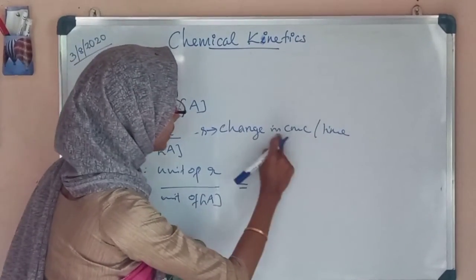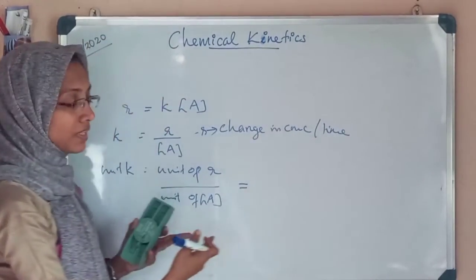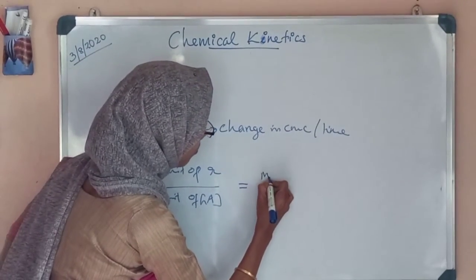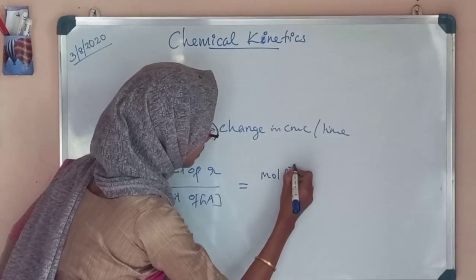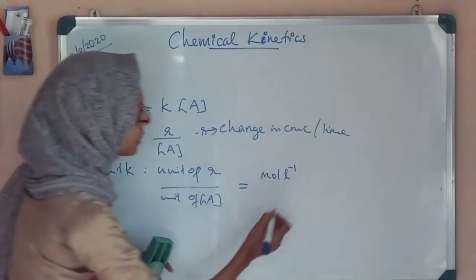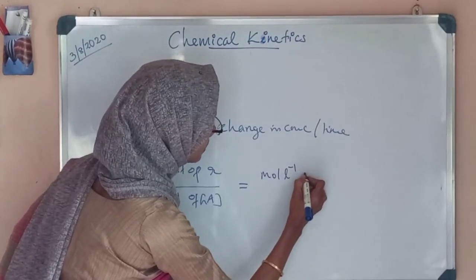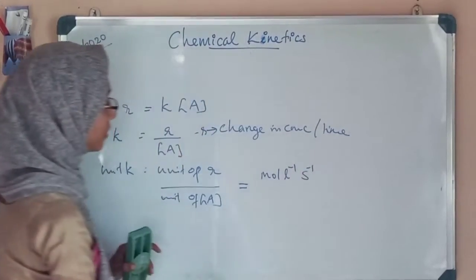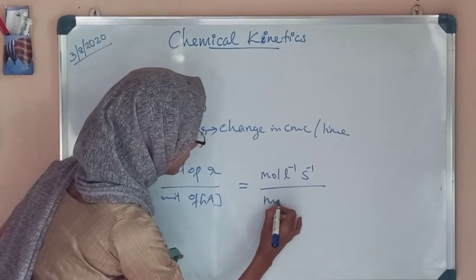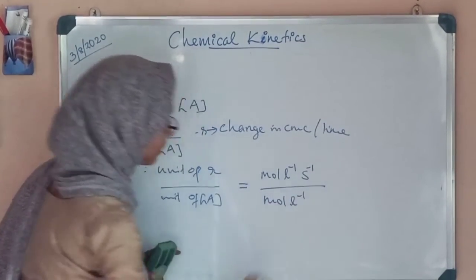The unit of change in concentration is nothing but the unit of concentration, that is mole per liter. The unit of time is second, so divided by second means second inverse, divided by the unit of concentration, which is moles per liter.